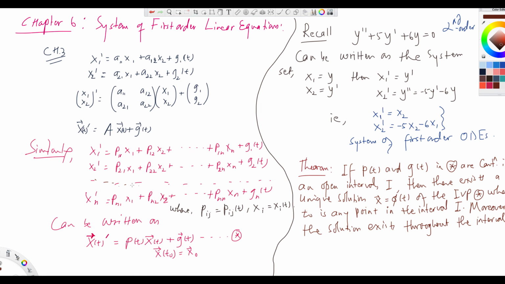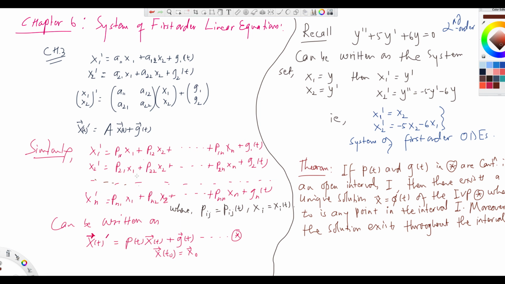And then the last one, xn prime, equals pn1 x1 plus pn2 x2 plus and so on, plus pnn xn plus gn(t), where all these p11, p12 are functions of t, and x1, x2, x3 are also functions of t.